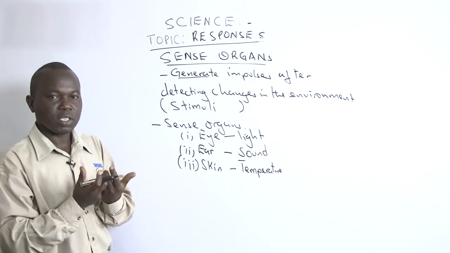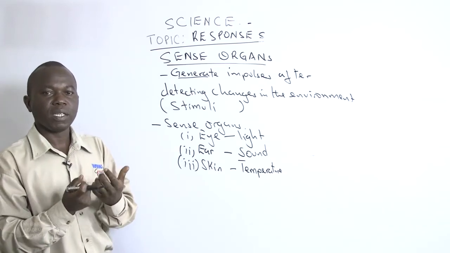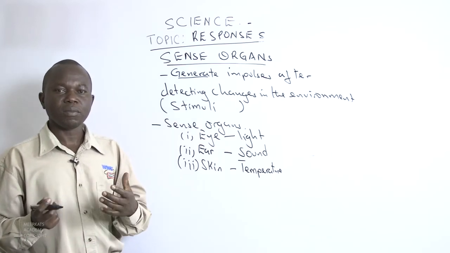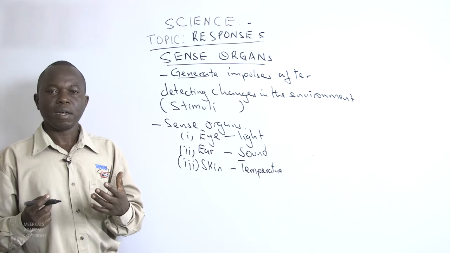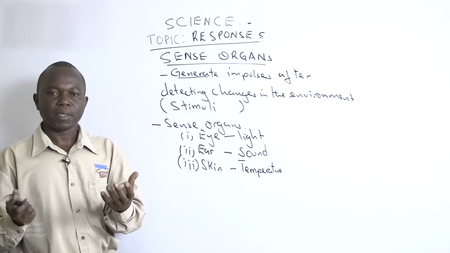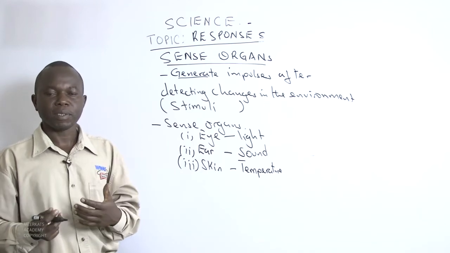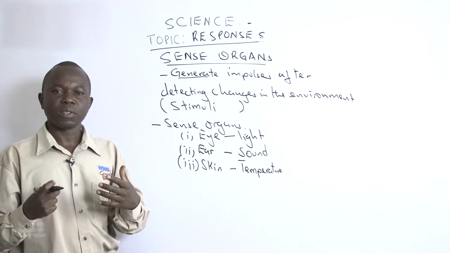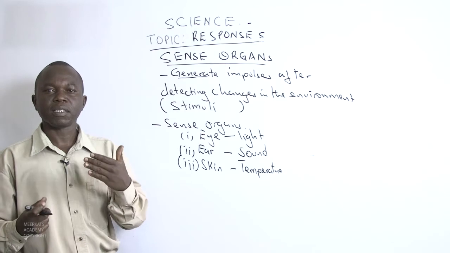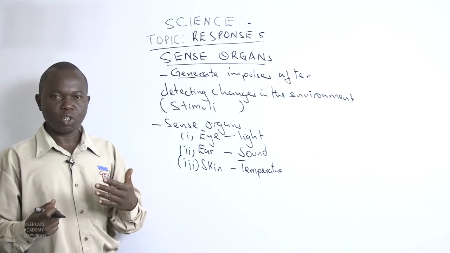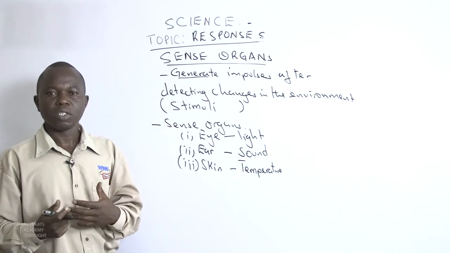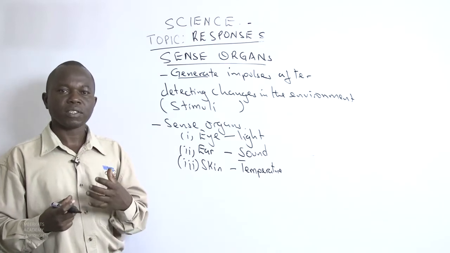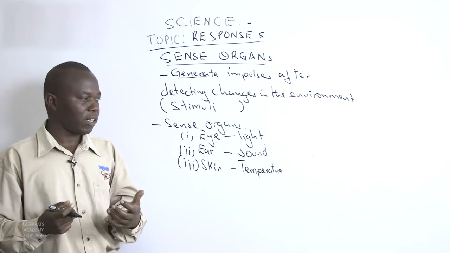It will generate the impulses that will be sent to the central nervous system, and then the central nervous system will interpret, and there will be some responses, like putting on a sweater, or the body, through some physiological means, increasing the output of heat through shivering, or through initiating exothermic reactions in the liver.